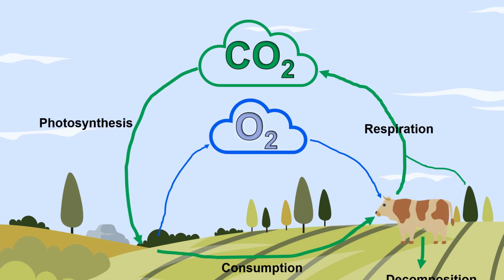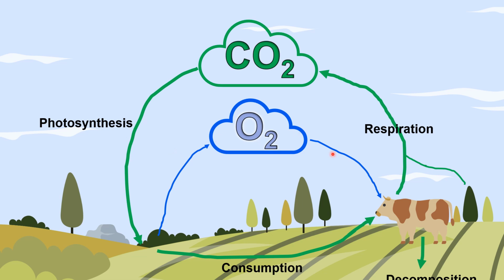So if we put all of this together in a nifty little cycle right here, say we start with our plants right here. They're using photosynthesis to bring in carbon dioxide. They are releasing oxygen. These plants are consumed by an animal.